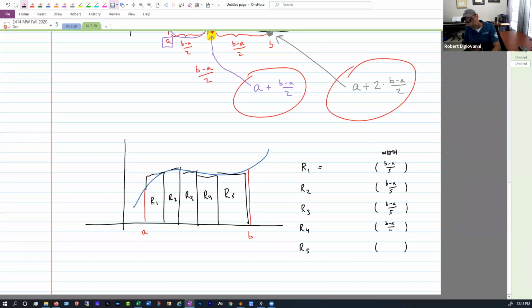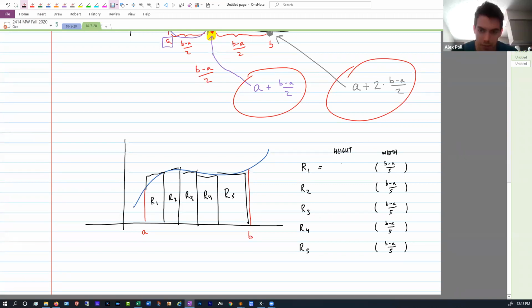Now, does someone want to share with me what the height of the first rectangle would be? A plus B minus A over 5. So the function, right, evaluated at A plus B minus A over 5.